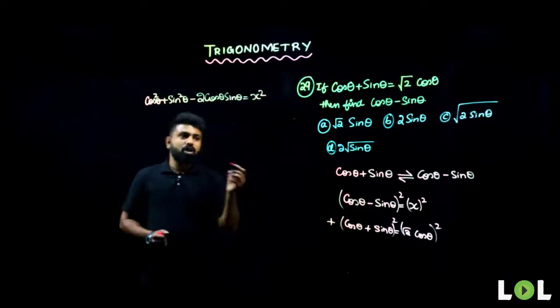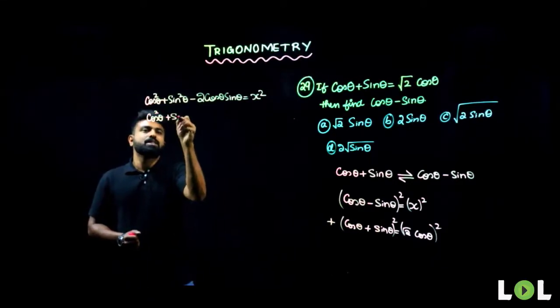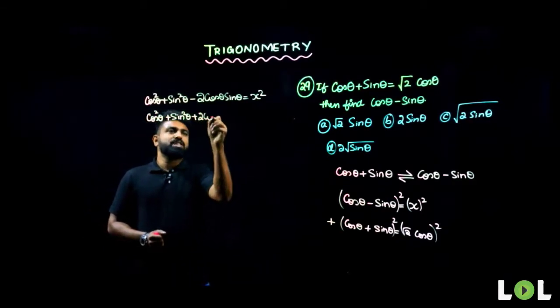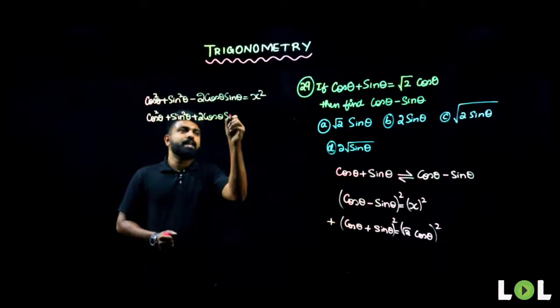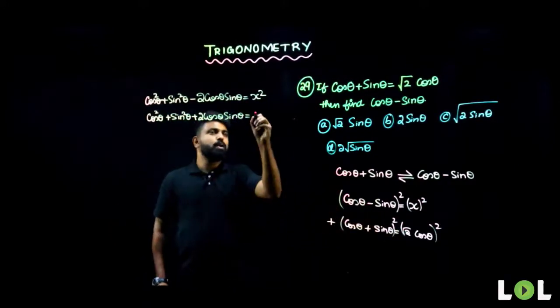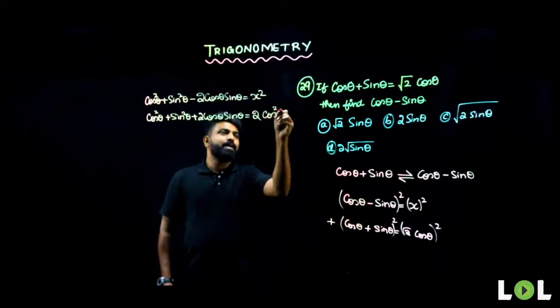We have cos theta plus sin theta, the whole square. It is nothing but cos square theta plus sin square theta plus 2 cos theta sin theta. That will be equal to root 2 square, which is 2, into cos theta the whole square, which is nothing but cos square theta.